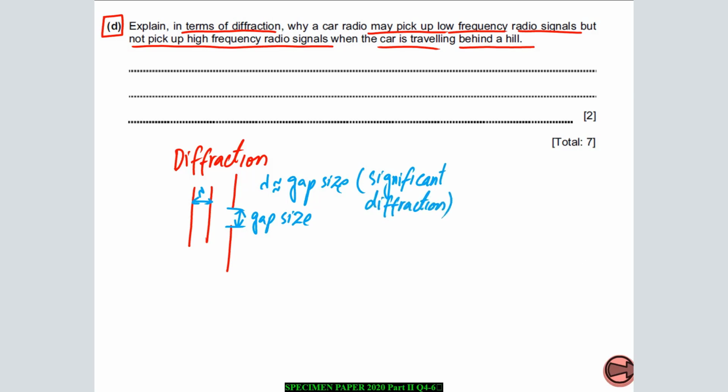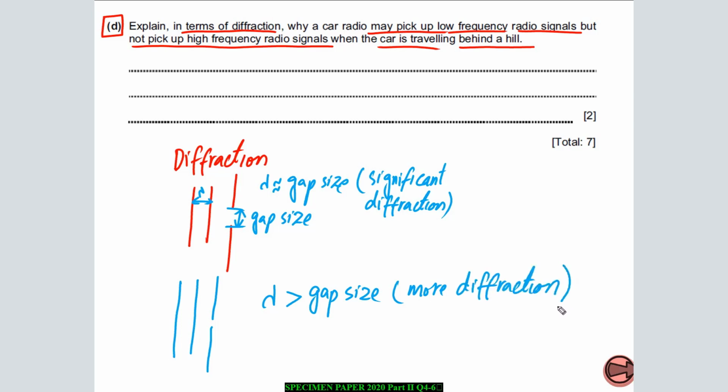But if we decrease the gap size, now let's say we have the same waves coming. If we decrease the gap size, there will be more diffraction. If the wavelength lambda is bigger than the gap size, there will be more diffraction, meaning the waves will bend more.